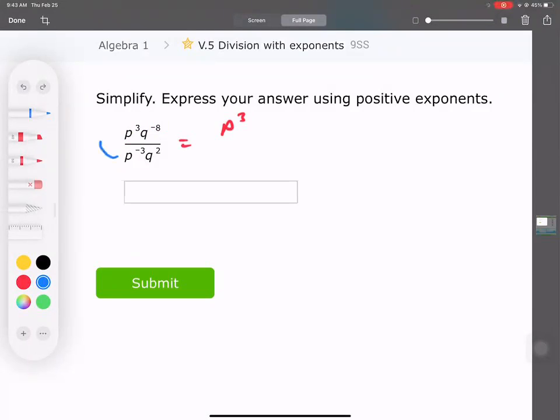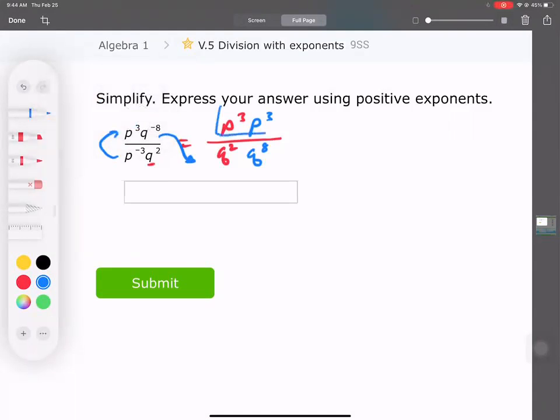But then we're going to move up the negative one to become positive. Divided by the q squared from the bottom, right? Q squared from the bottom hasn't changed. But the 8 is going to come down because that's a negative. Q8.